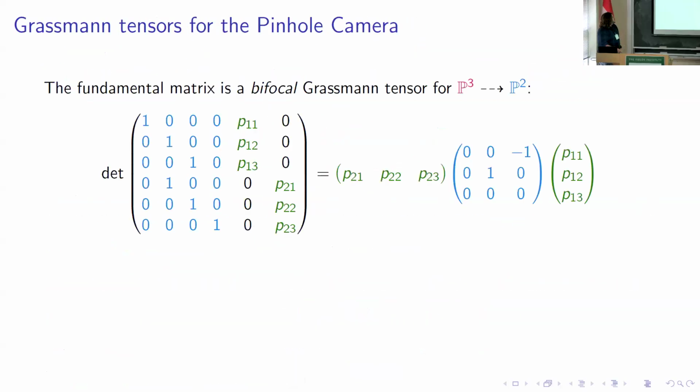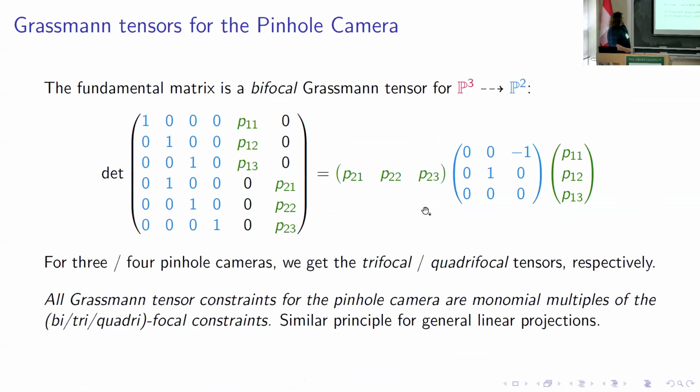Good. So we talked about the fundamental matrix yesterday. This is just an incarnation of a simple Grassmann tensor for two cameras from P3 to P2. So you can verify that this nice determinantal identity holds. And if you're interested in more than two pinhole cameras, then you'll stumble upon quite naturally these things called trifocal and quadrifocal tensors.